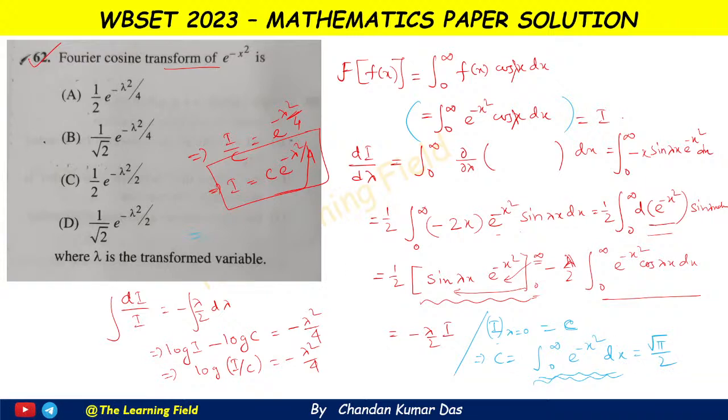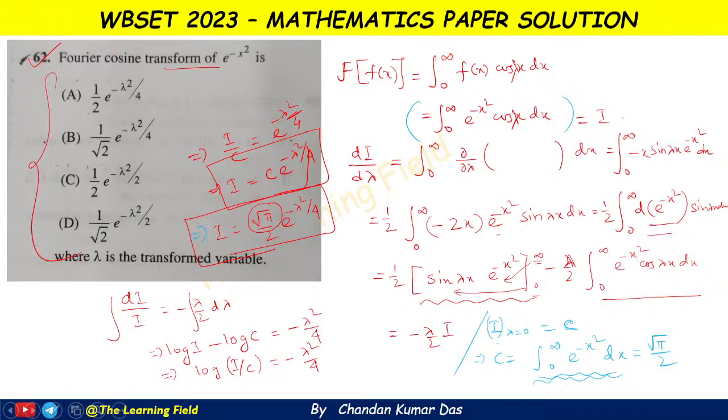Therefore we get I equal to root pi by 2 e to the power minus lambda square by 4. This is the correct answer, but this root pi is not given in any of the 4 options. This is the fact.